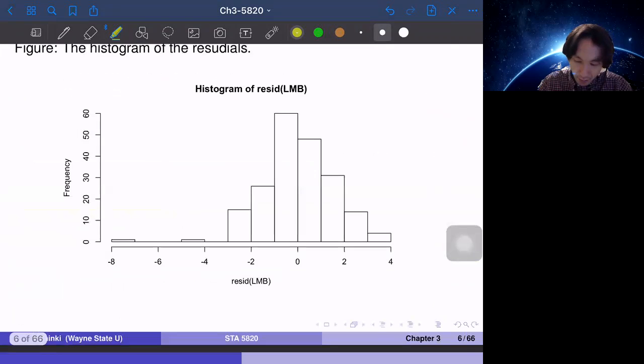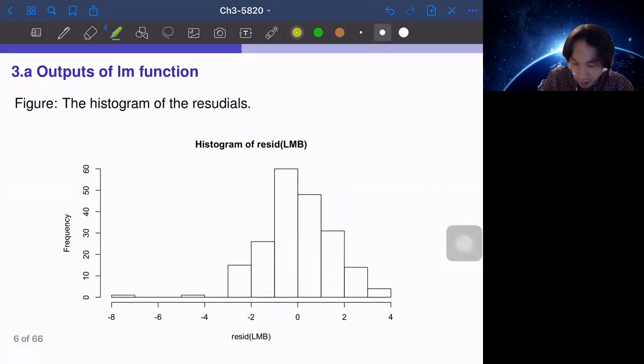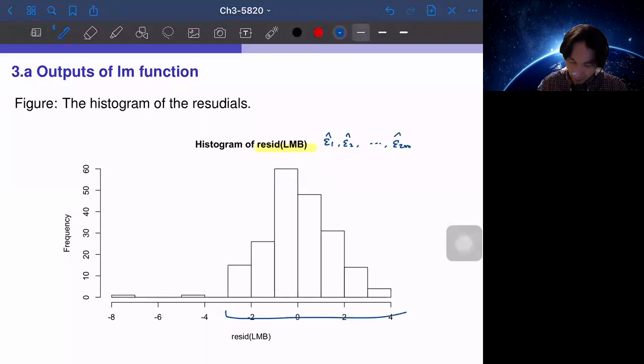Yeah, so this is the histogram of the residuals. The residual series is represented by this. So this is the series of 200 residuals, epsilon 1 hat to epsilon 200. Then this is residual plot. So it's almost a good, almost symmetric distribution, ranges from maybe -3 to 3.